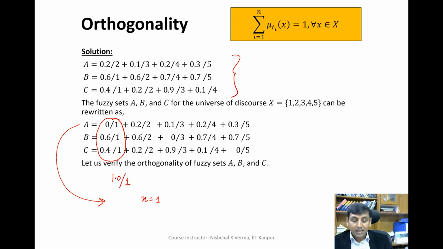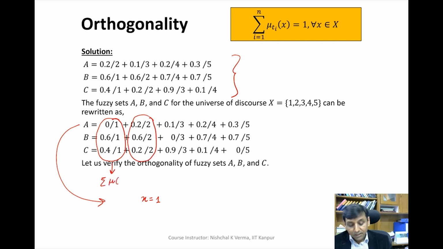So at generic variable value 1, the total of the membership values coming from all the fuzzy sets is equal to 1. Similarly, now we check for the others.